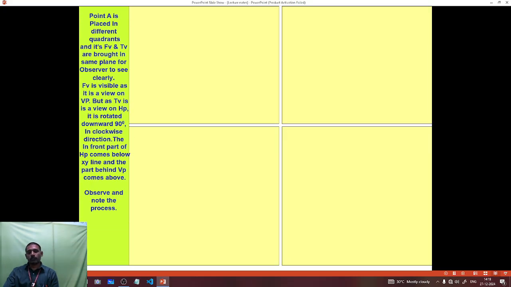We are going to see some examples of a first quadrant point, second quadrant point, third quadrant point, and fourth quadrant point. First one is HP and VP. This point is located in the first quadrant. The point is called A. The observer is initially standing here.